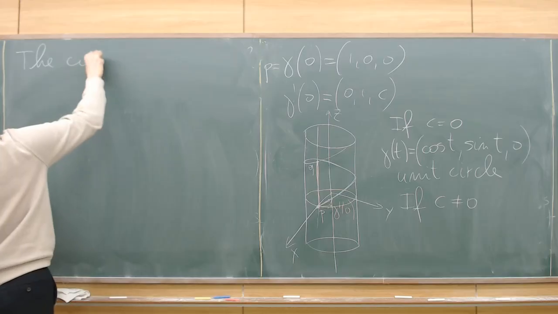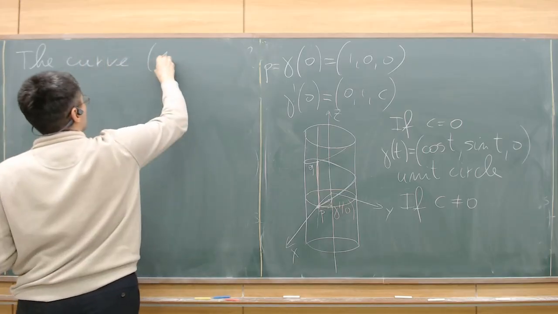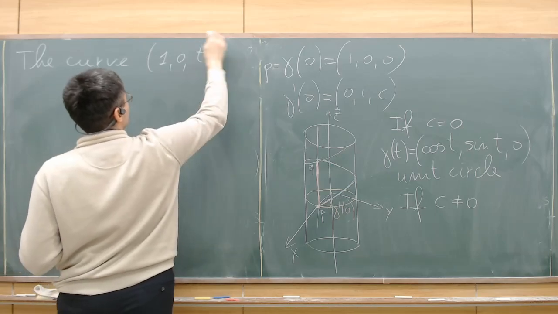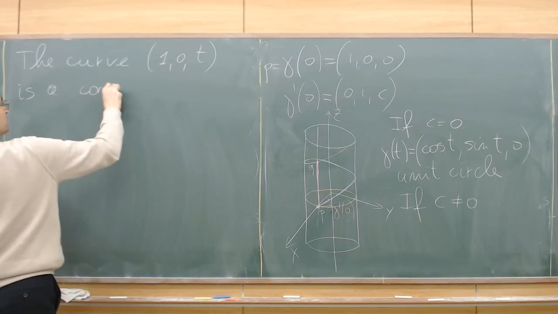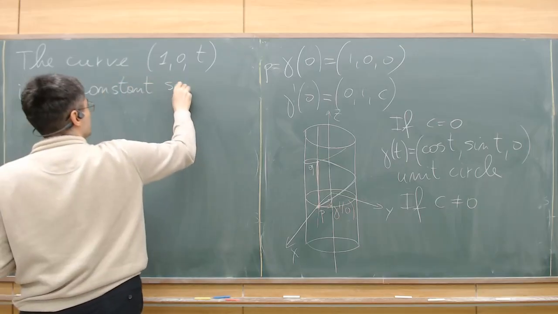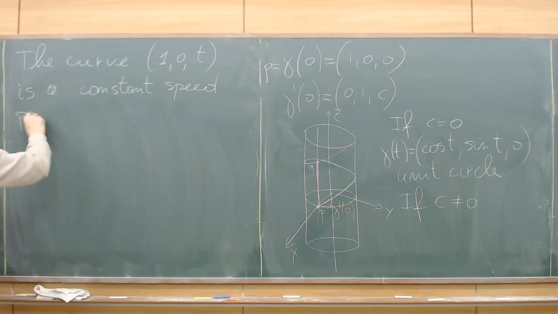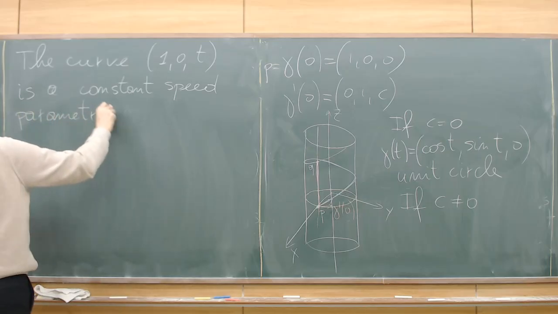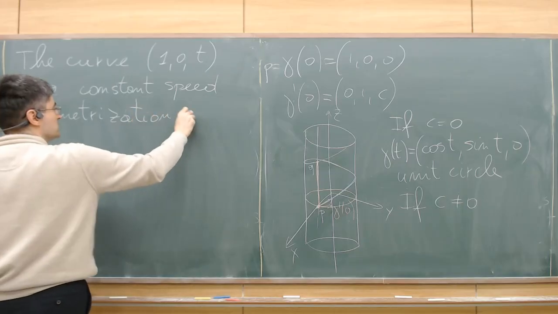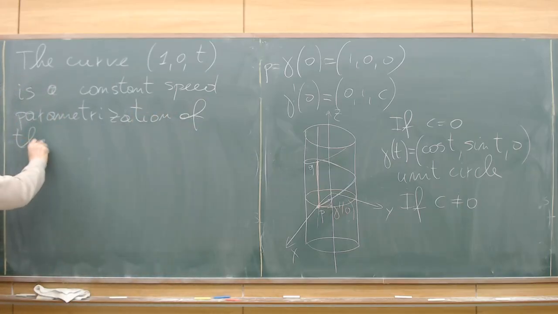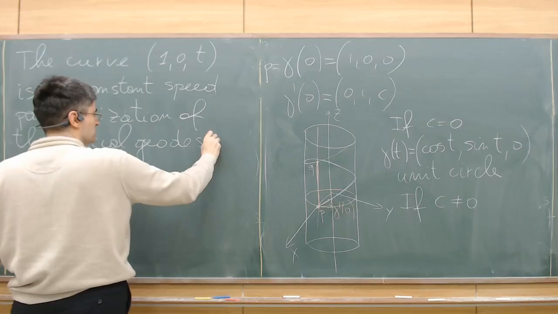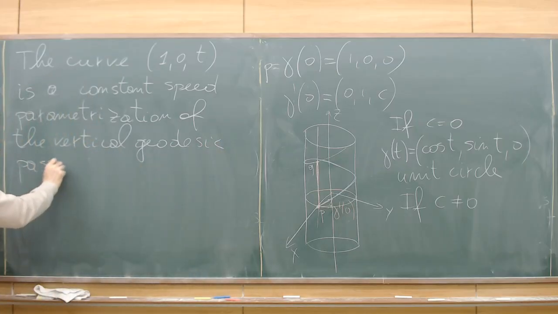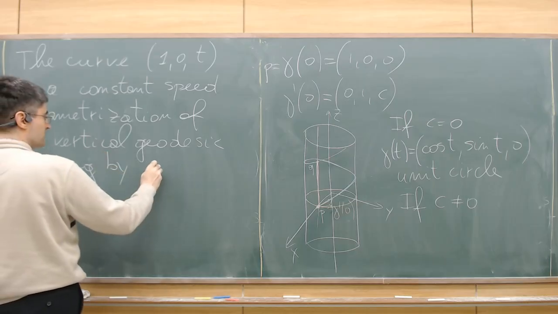So the curve (1, 0, t), for example, is a constant speed parametrization of the vertical geodesic passing by P.